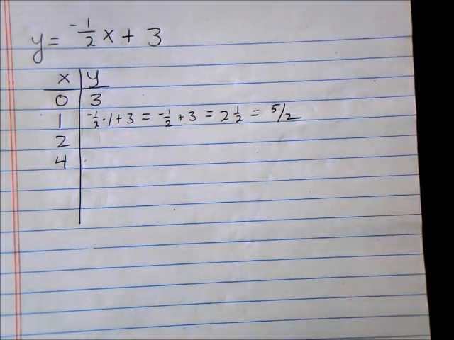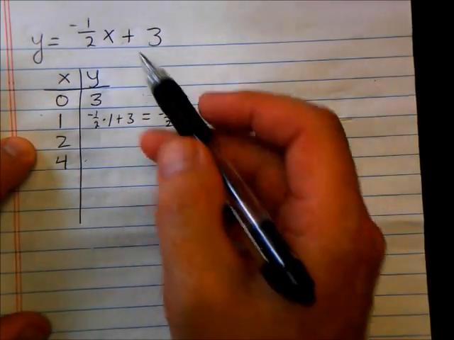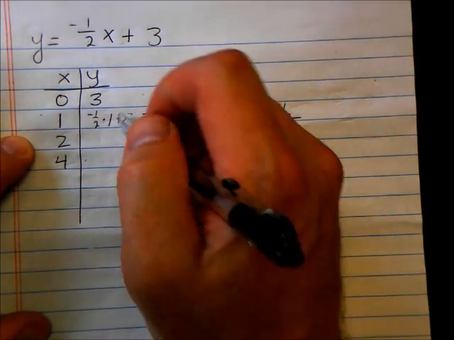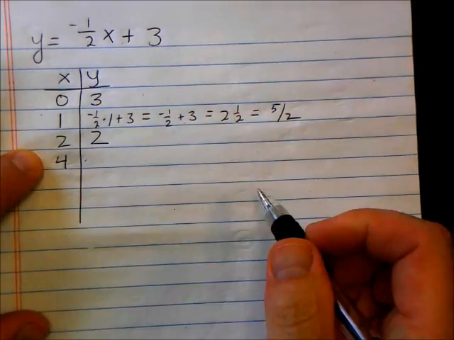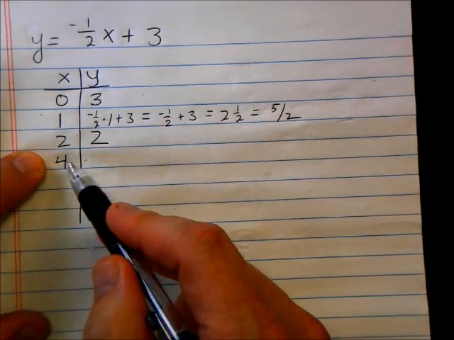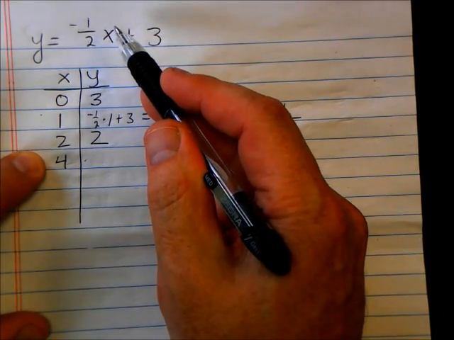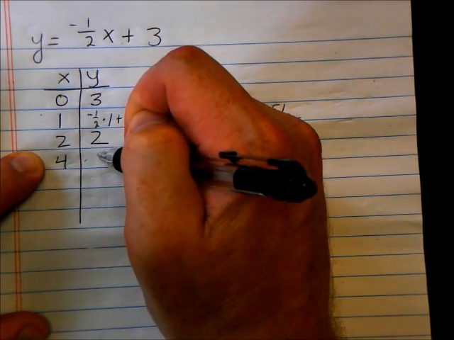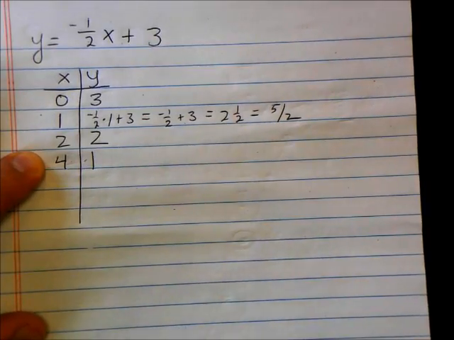All right, so I would use 2 and 4. What's negative 1/2 times 2? Negative 1 plus 3 is 2. And then I plug in 4. 4 times negative 1/2? Negative 2 plus 3. I kind of gave away the answer. Negative 2 plus 3 is 1.